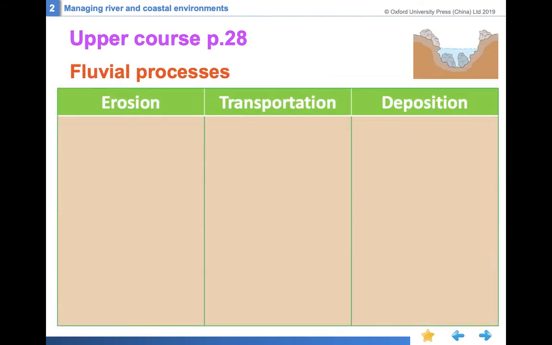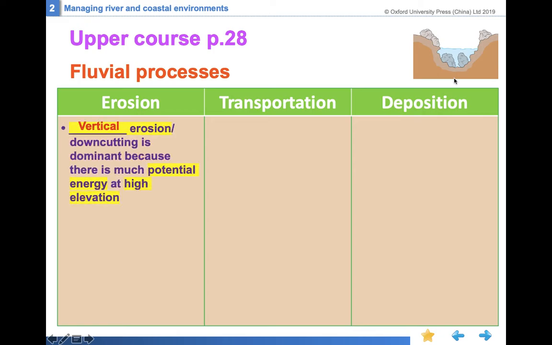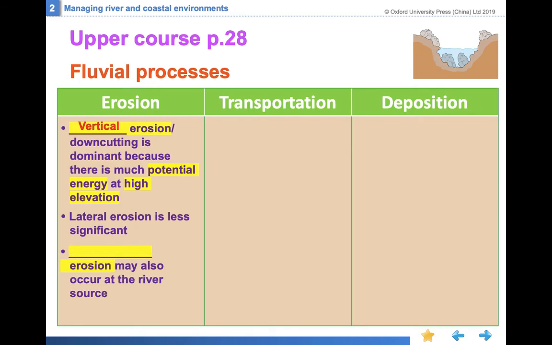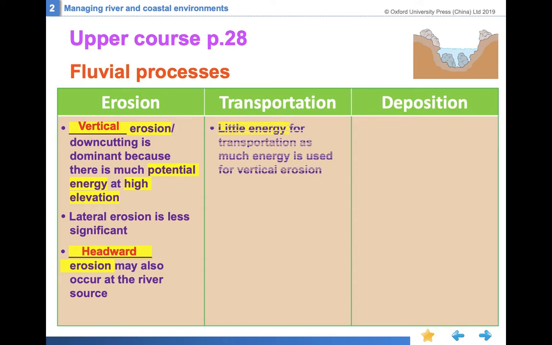For the fluvial processes, that is erosion, transportation, and deposition, vertical erosion is the main one, and lateral erosion might be less, and heavier headward erosion you could find at the source of the river.